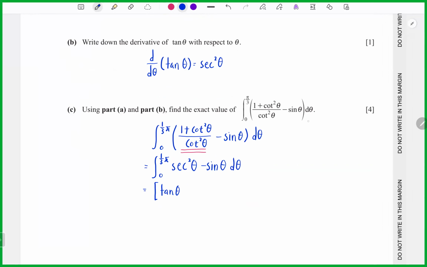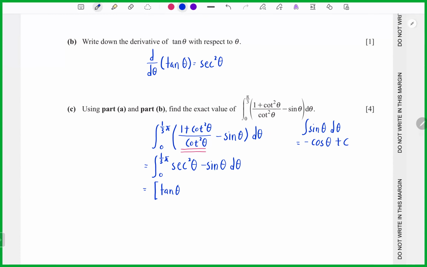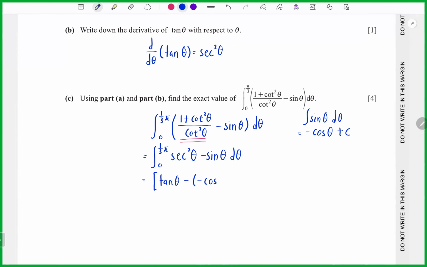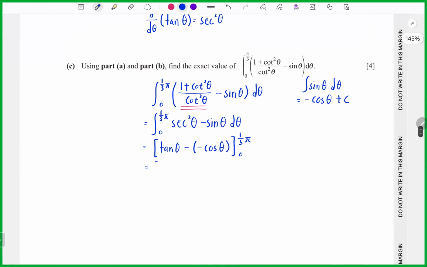Now we try to remember again, the integral of sine theta d theta you will get is negative cos theta plus c, right? So you can write here minus bracket minus cos theta, from 0 to 1 over 3 pi, which equals tangent theta plus cos theta from 0 to 1 over 3 pi.